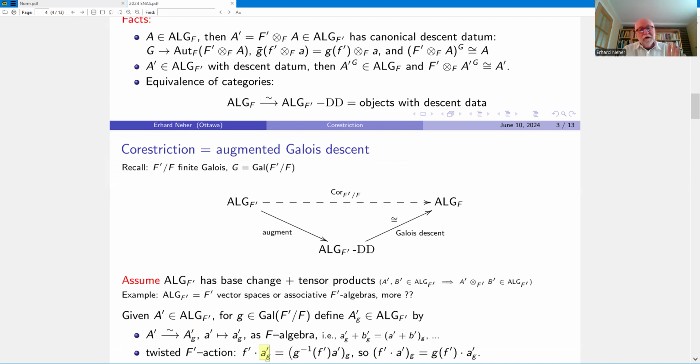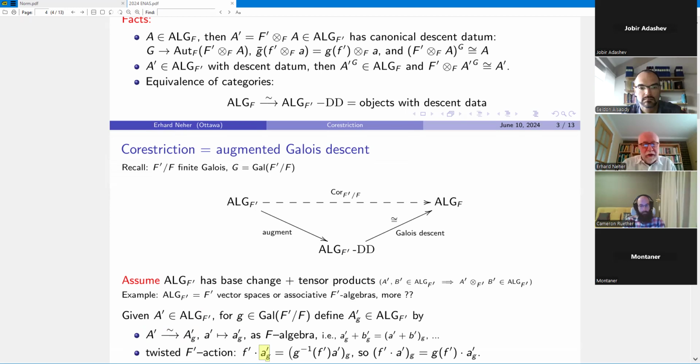I first apply g inverse, g from my Galois group, to F prime, then I have the standard F prime action on A prime, and then I move this element to A prime lower g, right? So I have the nice formula that F prime times A prime lower g is just g of F prime times A prime g.